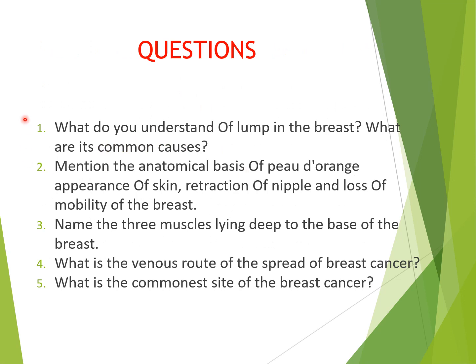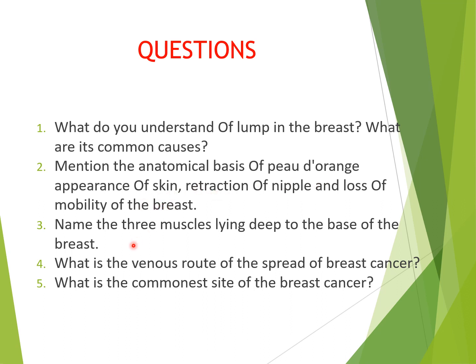These are the questions of the clinical case which we have discussed in the first slide. Number 1, what do you understand by a lump in the breast? What are its common causes? Number 2, mention the anatomical basis of peau d'orange appearance of skin, retraction of nipple, and loss of mobility of the breast.